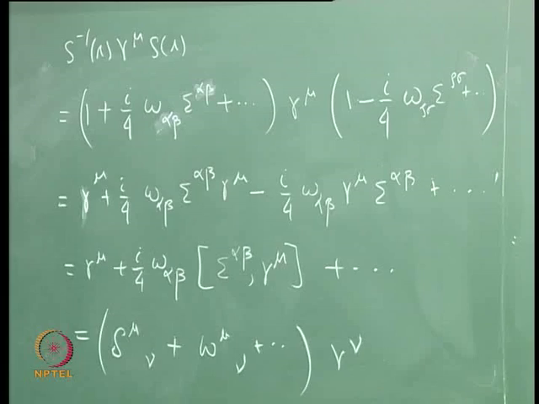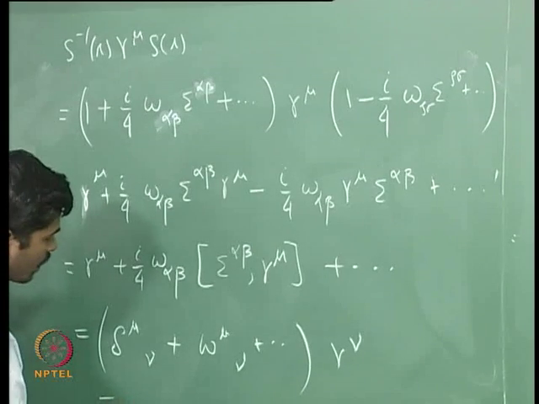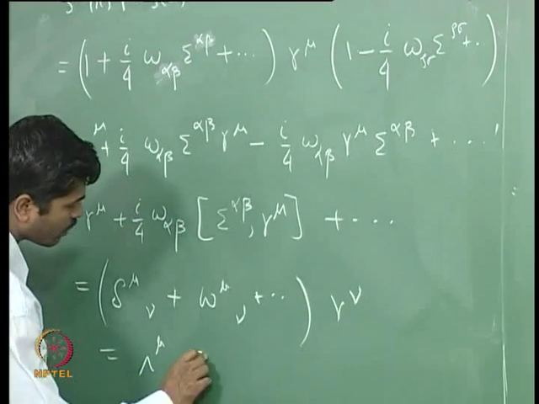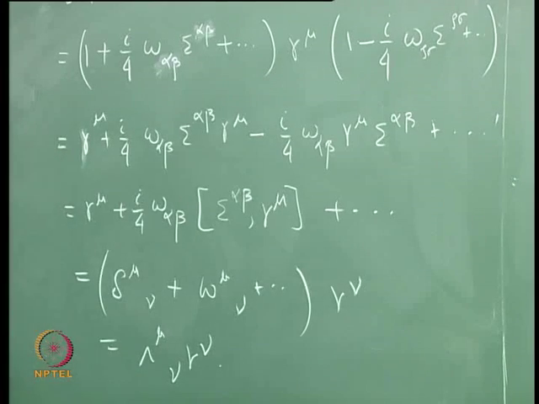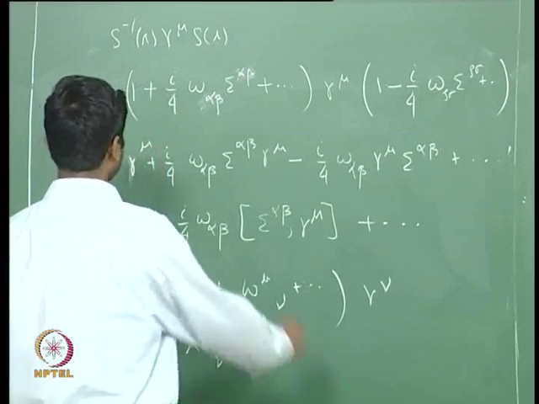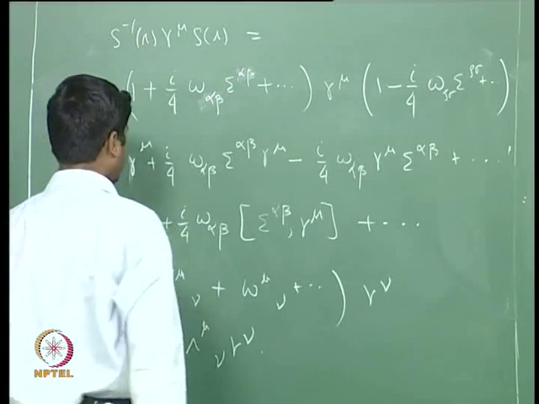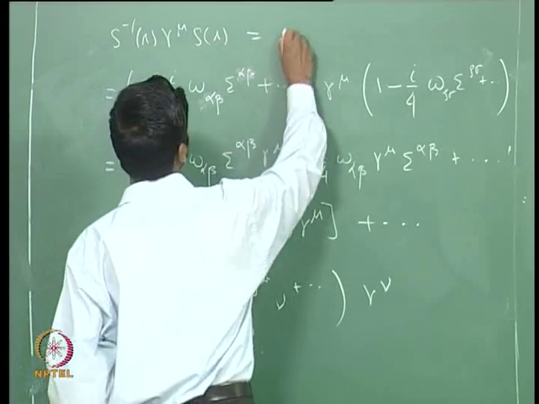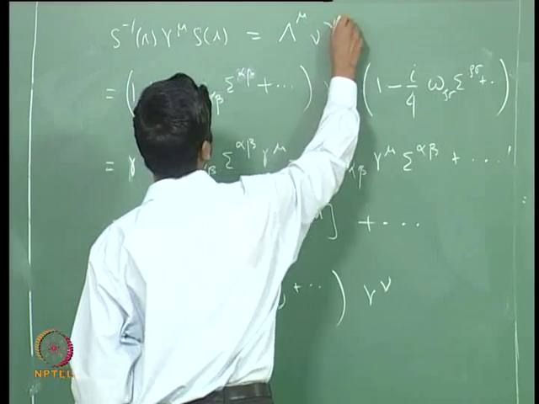So, this is simply given by lambda mu nu gamma nu. So, this object S inverse gamma mu S is nothing but, when you make a finite transformation, this will go like lambda mu nu gamma nu.